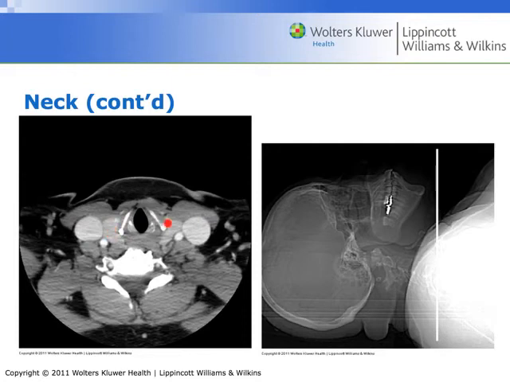Right next to it is the thyroid gland, which of course is going to have some affinity for contrast. The esophagus. Vertebral body. Erector spinae muscle.